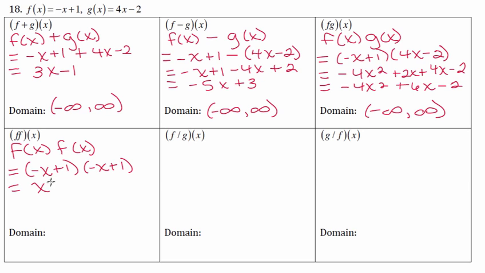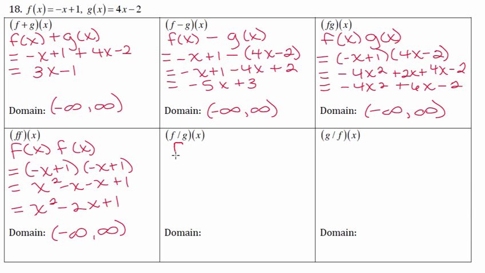So then I'm going to get x squared, and then minus 1x minus another x, and then plus 1. And when it's all cleaned up, I have x squared minus 2x plus 1. And the domain of f times f of x is going to be the intersection of f and itself, which is negative infinity to infinity.